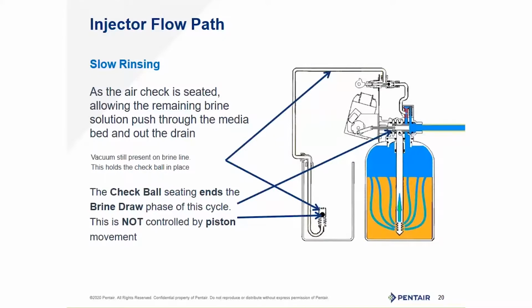Notice that there's nothing here. We're going to want to ensure we have no air leaks here as well. That way you don't put air into the tank and you get a good regeneration. You're not messing up that brine ratio as well. But the only change here is this check ball seating.